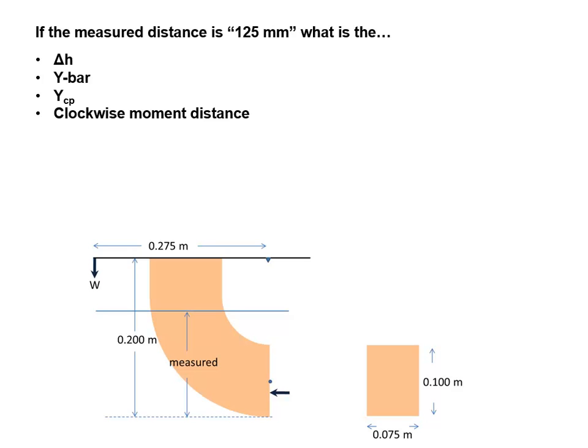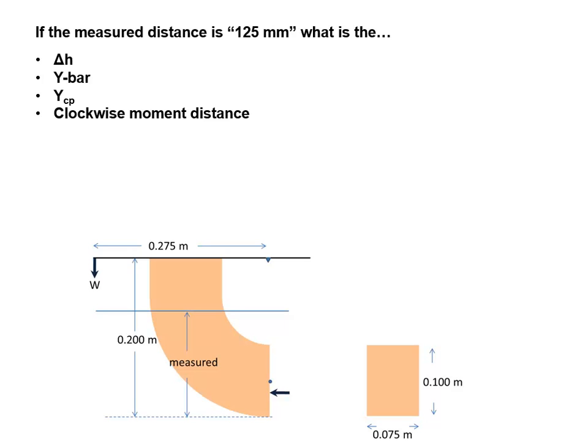So what we're trying to find with the YCP is where the force is acting. YCP is going to tell us, there's the water pressure acting on that face, there's some equivalent hydrostatic force.